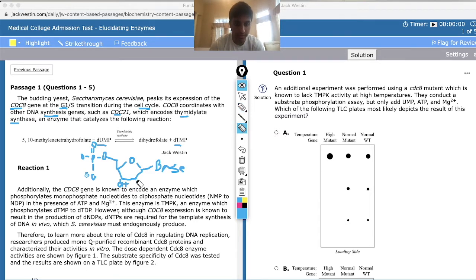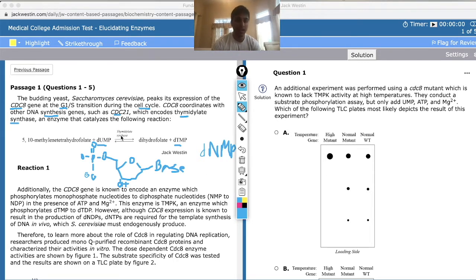So okay, this right here is a dNMP. A dNMP is a form of a nucleotide. So remember, DNA is made up of nucleotides.